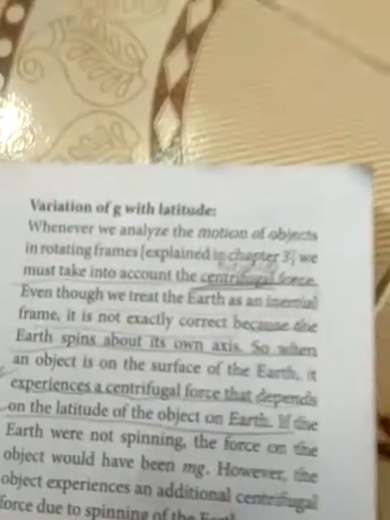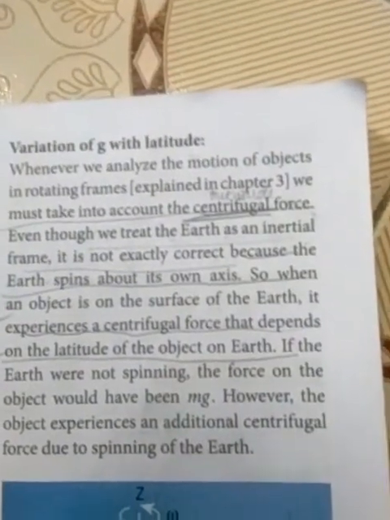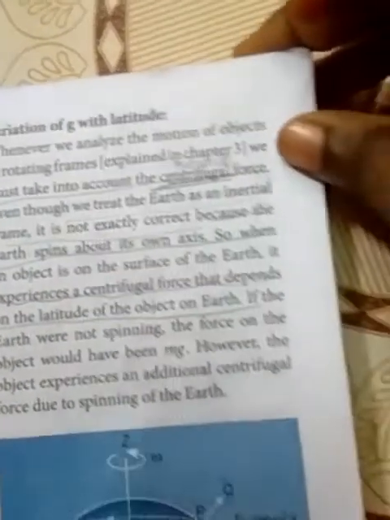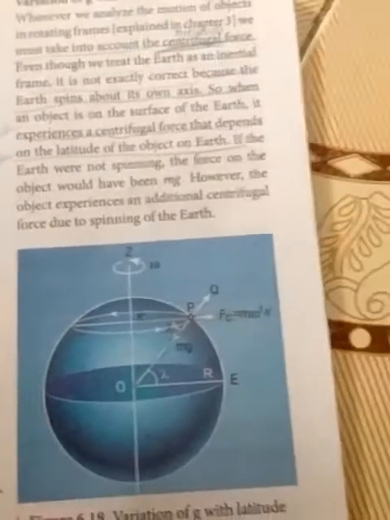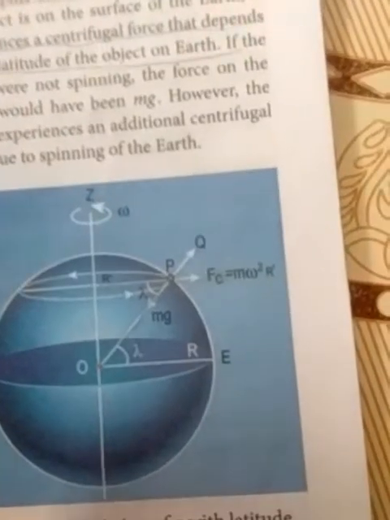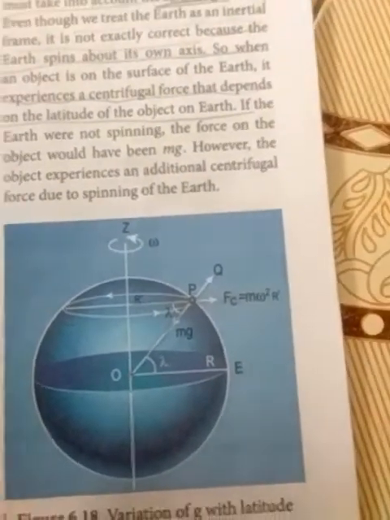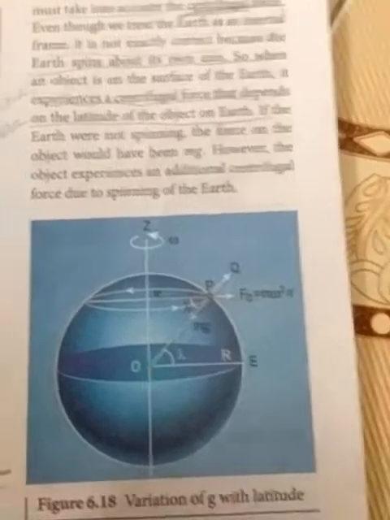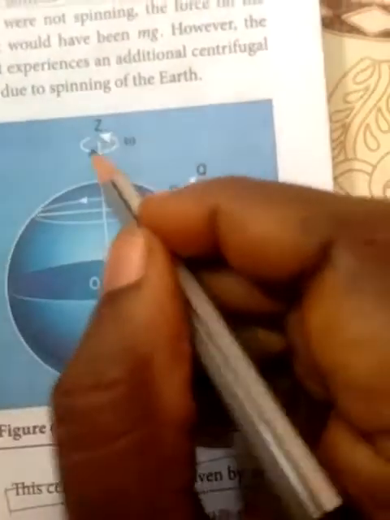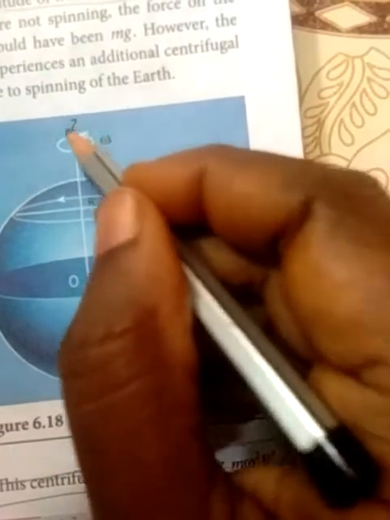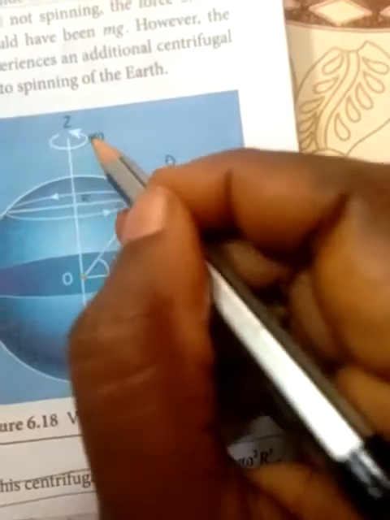Okay, so next you see the variation of g with latitude. The earth is always spinning around its own axis. That is what we have shown here. The earth keeps moving like this, it is spinning around its axis.